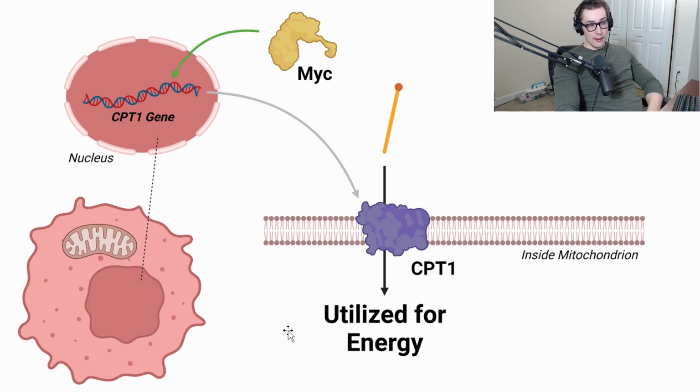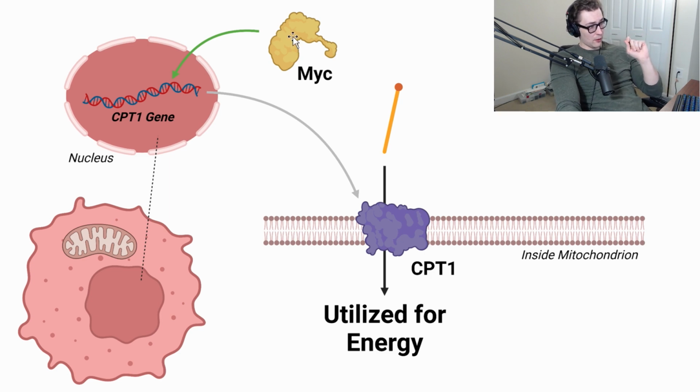So this is one mechanism by which fat can be utilized by cancer cells. It's almost like they're supercharged to use these fats. If they're prone to utilizing fats, they're suddenly supercharged because they have this environment where that is constantly being propagated by this MYC protein.